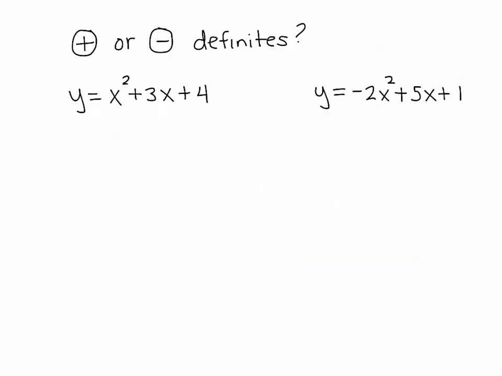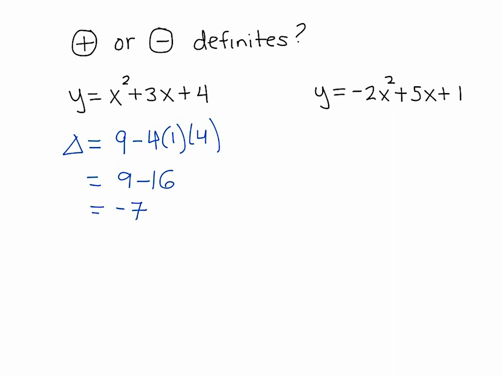So is it a positive or negative definite? We have y is equal to x squared plus 3x plus 4. Let's find the discriminant. The discriminant is equal to b squared, so 9, minus 4ac, 1 times 4. So we have 9 minus 16, which resulted in negative 7.